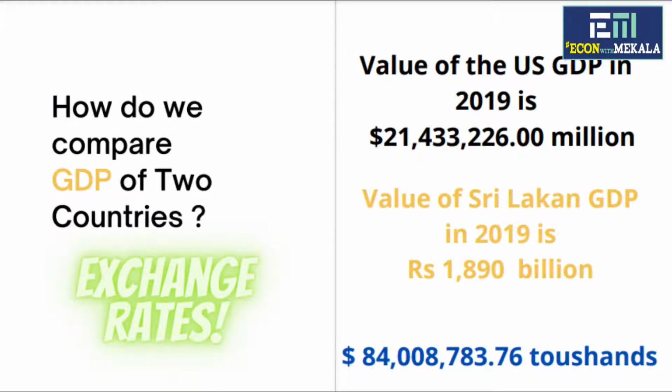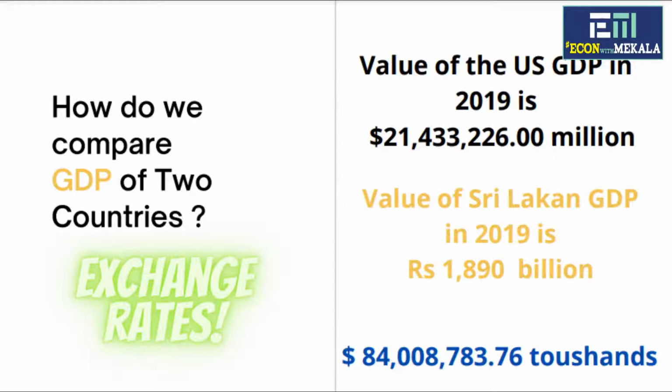We all know GDP is one important measurement when we are comparing economic performance between countries. Not only that, even when we compare living standards of people around the world, GDP per capita is important. Therefore, GDP is a very important economic tool. But when we are calculating GDP in different countries around the world, we face a difficulty.